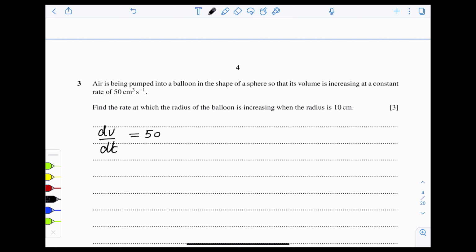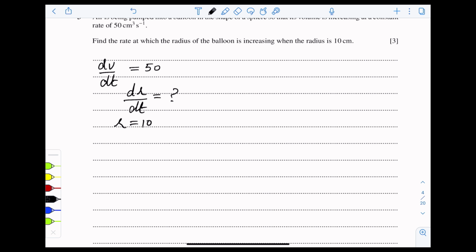Now we have to find dr over dt, the rate of increase of radius. r is given, r is 10.